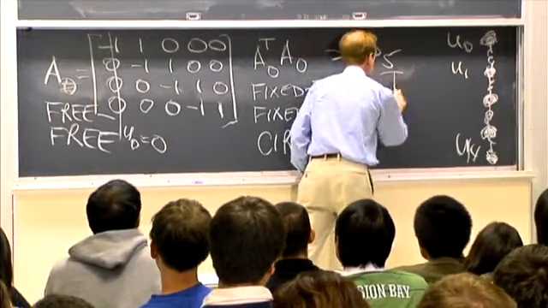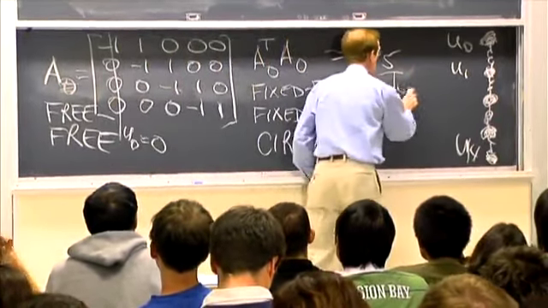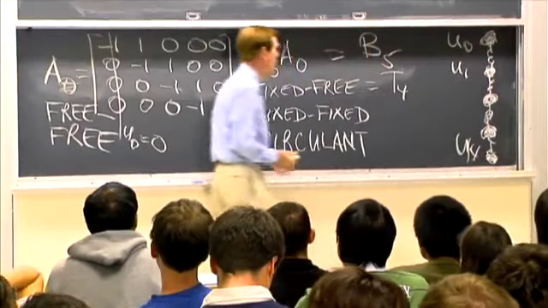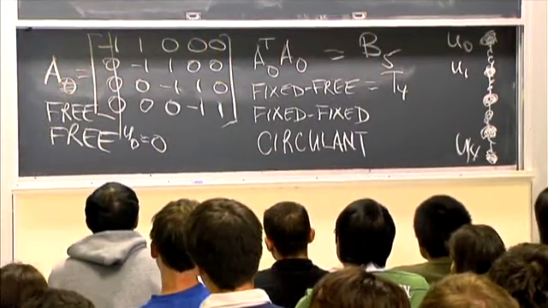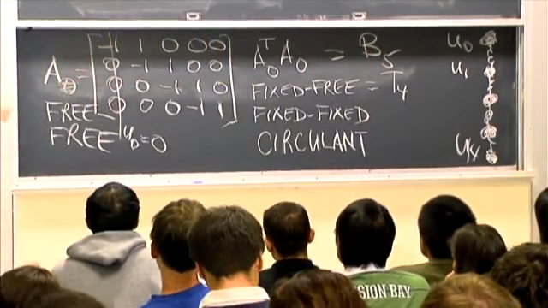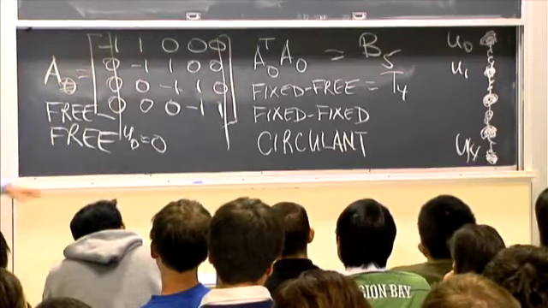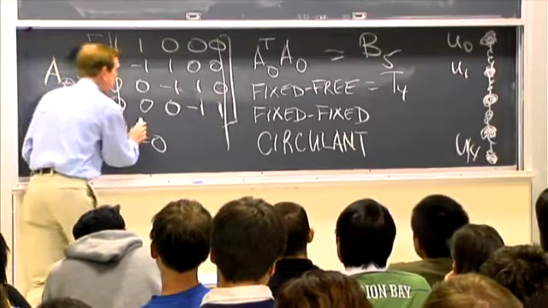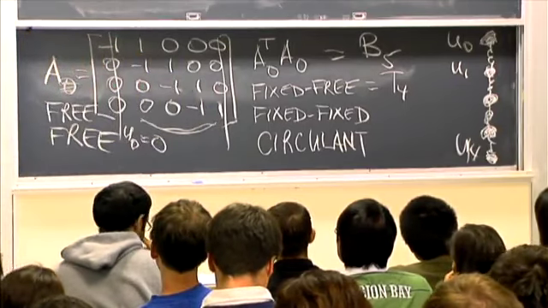It'll be of size 4, now I've only got 4 unknowns, U1 to U4. That still is not what problem 1 is. Problem 1 was fixed, so as I did in the review, that would knock out both of these columns. So this now is the matrix that I was looking for in problem 1.